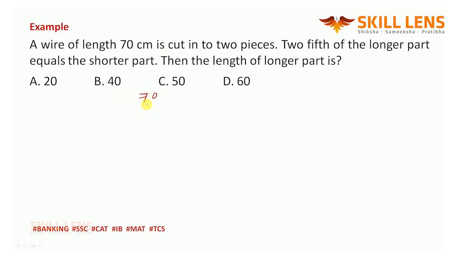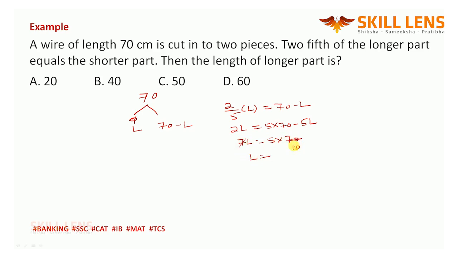The longer part is going to be L and the shorter part is going to be 70 minus L. 2/5 of the longer part equals the shorter part, which is 70 minus L. So 2L equals 5 into 70 minus 5L. 5L will come to this side, so it becomes 7L equals 5 into 70. So again L is 10 times 5, the longer part is 50. So this is the other way of doing the same question.